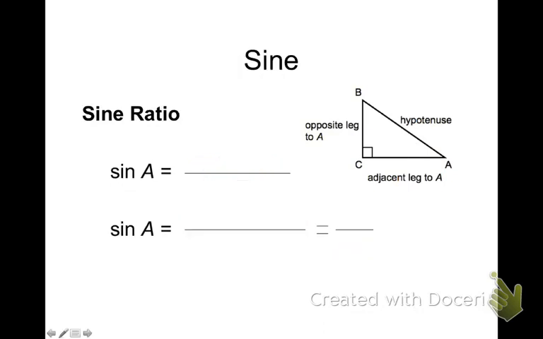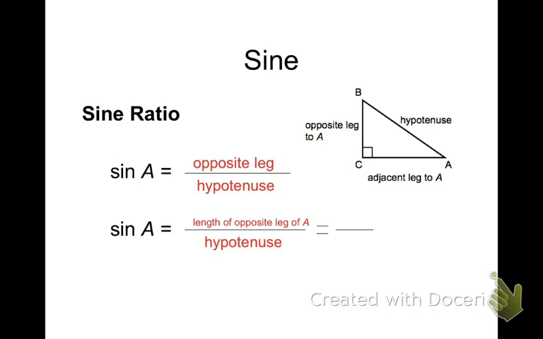So your sine ratio is opposite leg over hypotenuse. And I think this is already there. So if this is our triangle again, A is still my reference angle. My opposite leg still has not changed, so that is still going to be BC. And my hypotenuse would be AB or BA.